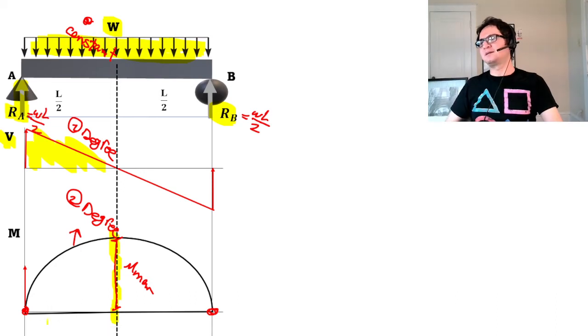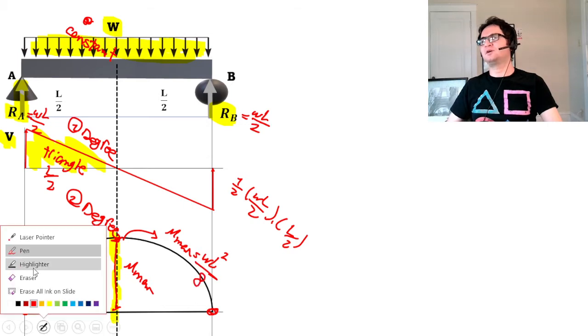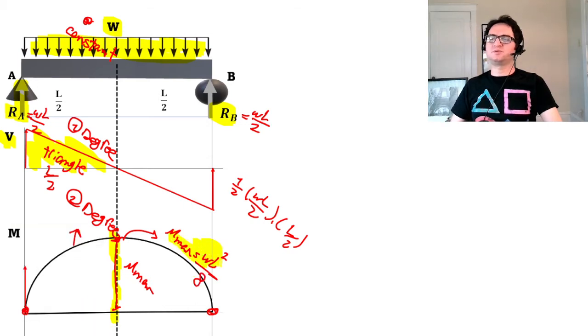If we just calculate the area of this triangle with the length of L over 2 and the height of WL over 2, that's half of height times length. So that's the amount of M maximum, and that's equal to WL squared over 8. That's the maximum moment at the center, and that's due to symmetry as well.